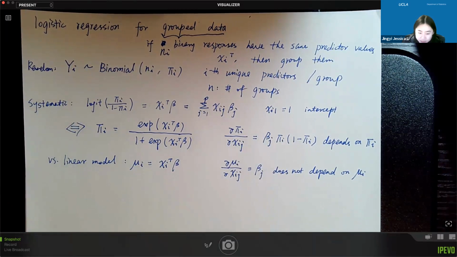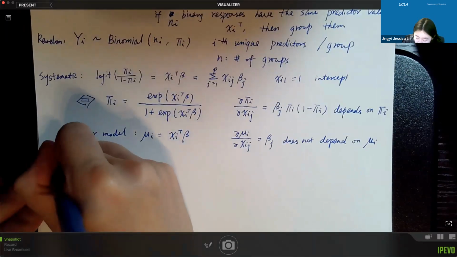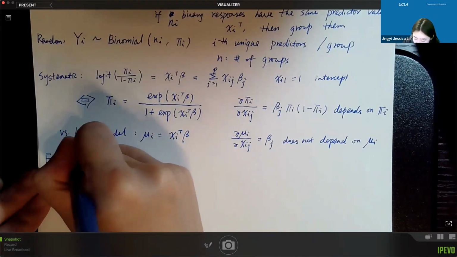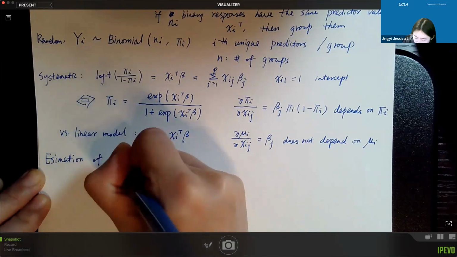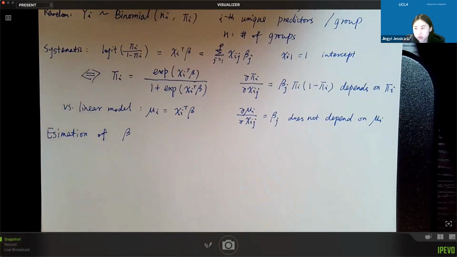Okay, now we have introduced two forms of logistic regression, for binary data and for group data. Now let's talk about the key thing, parameter estimation. Estimation of beta, this beta coefficient vector. Again, we're going to use the maximum likelihood approach.